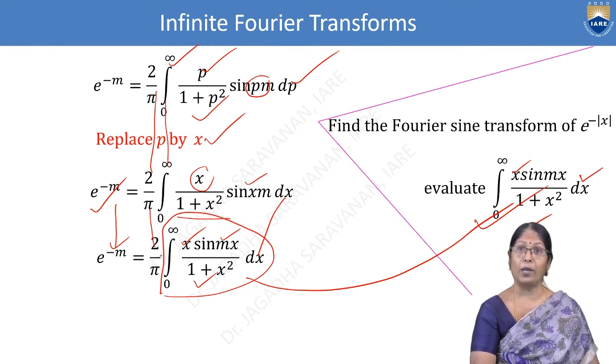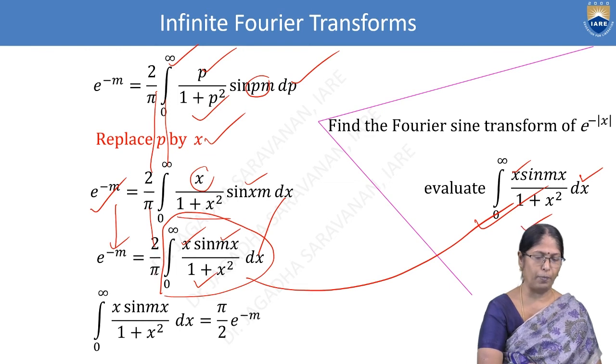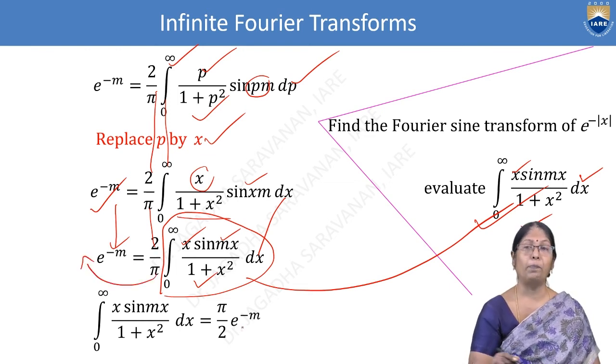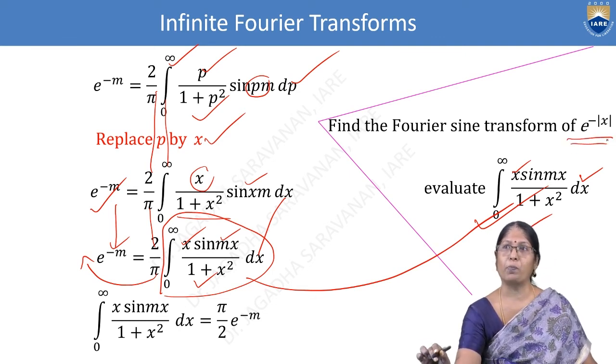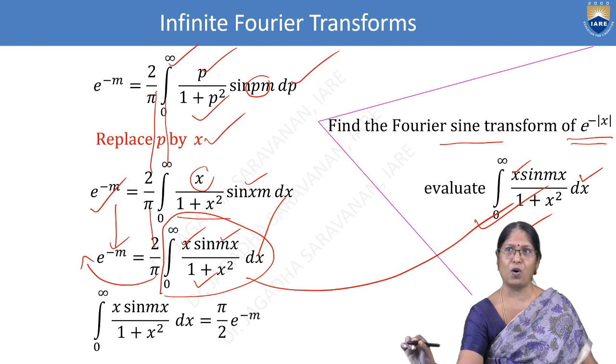Then the 2 by pi we push to the left side, and it becomes pi by 2 e power minus m. So the question is very clear: they gave us e power minus mod x, and we applied the infinite Fourier sine transform formula.